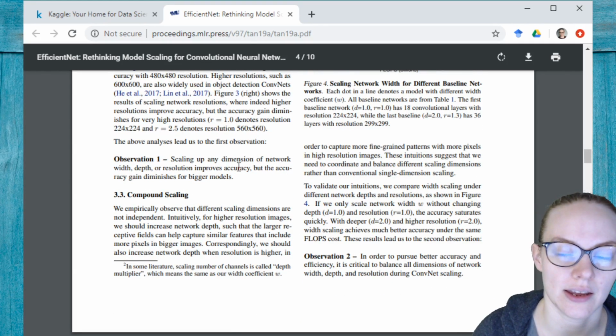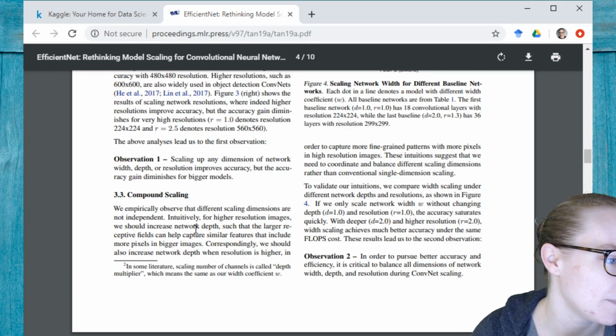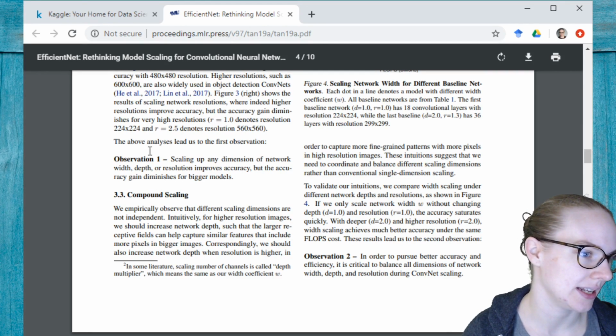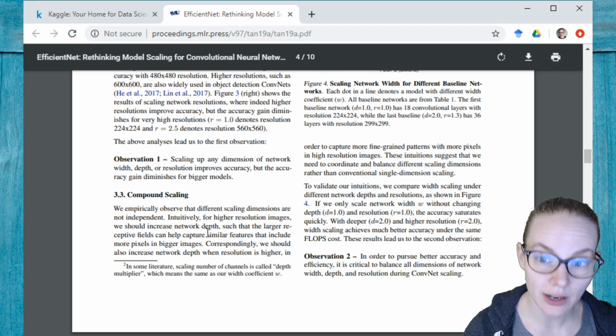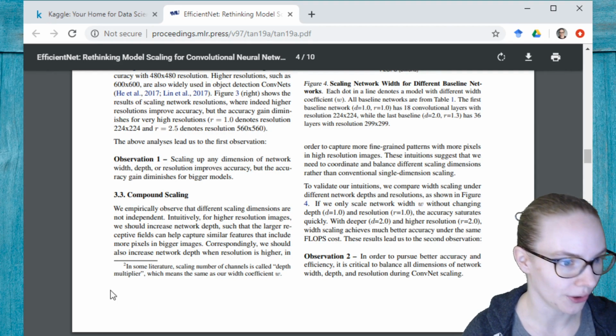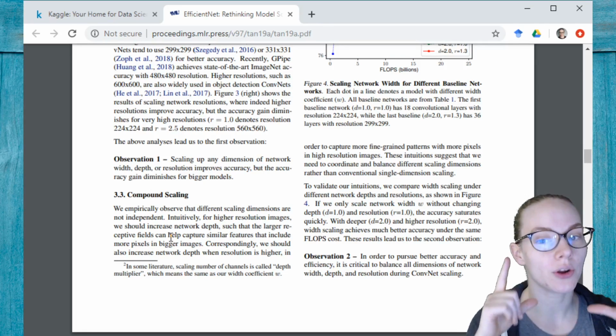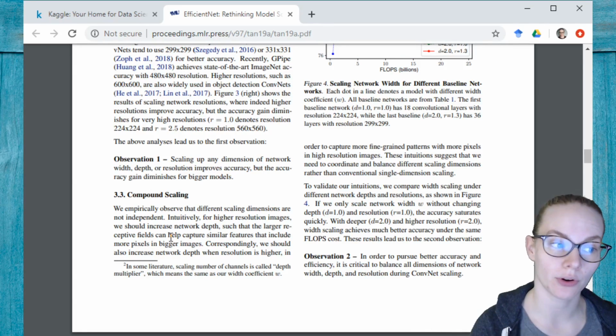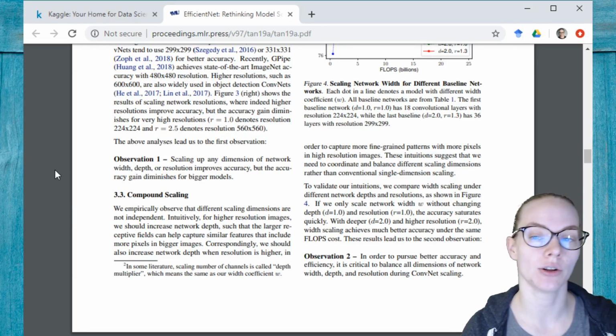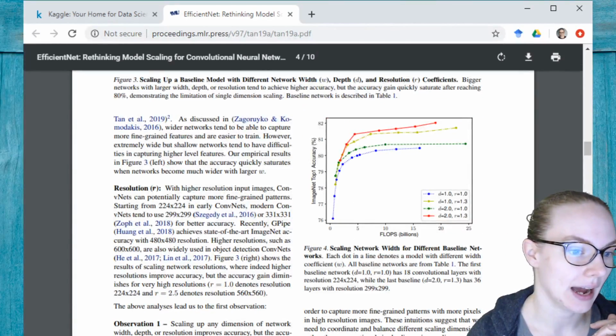So the place where we left off is this observation, which is based on a bunch of related work and the state of the field, that if you make your network wider or deeper, or you make your images bigger, they all improve accuracy, but they also all start to decay.